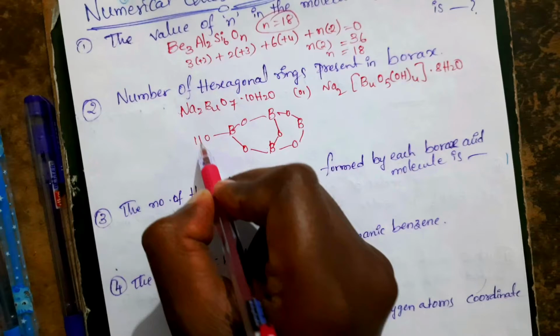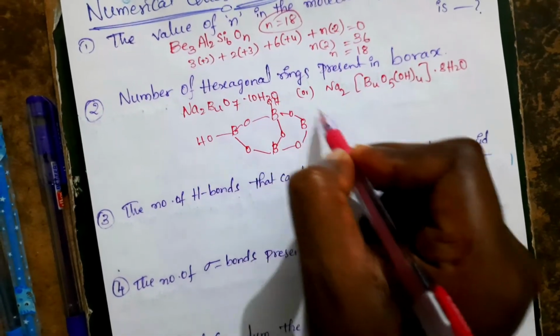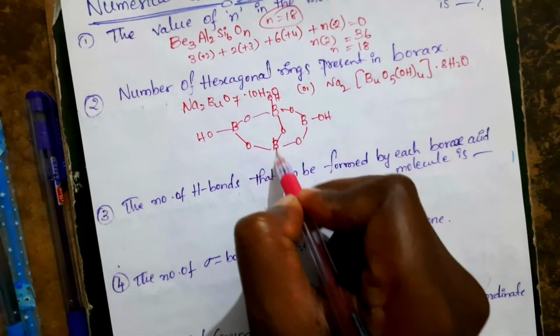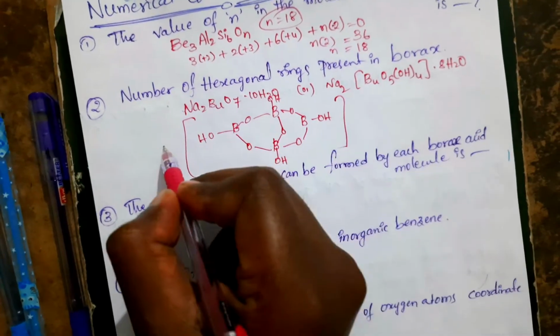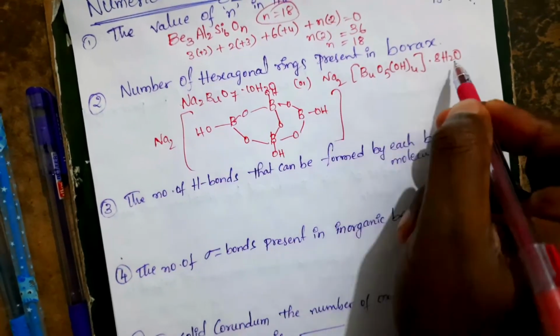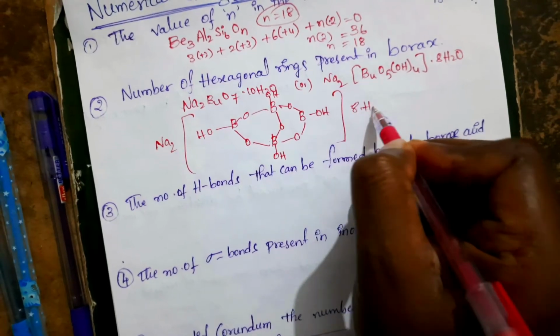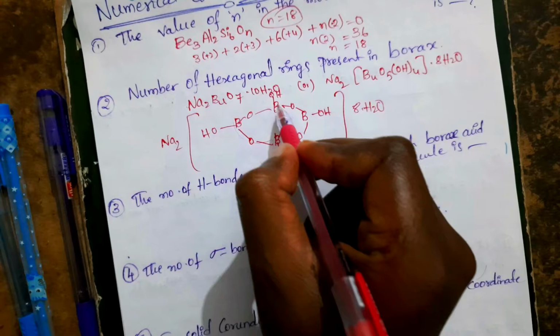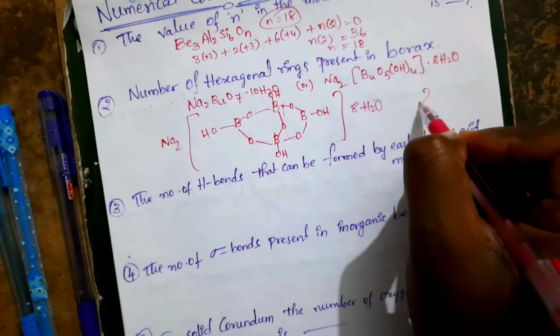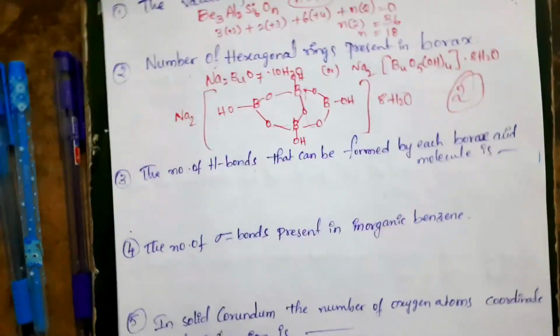Each boron is bonded with one OH group. This is the molecule, Na2 with 8 moles of water molecules. In this case how many hexagonal rings? This is one hexagonal ring, this is another hexagonal ring. So 2 hexagonal rings are present.